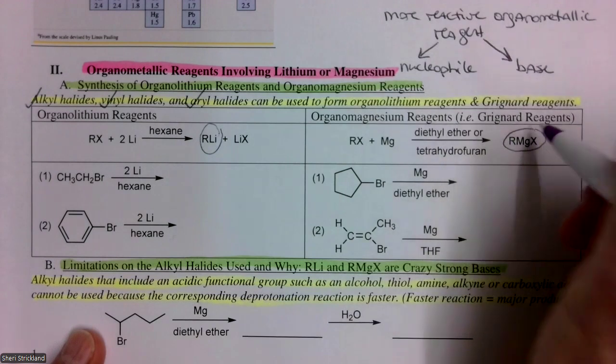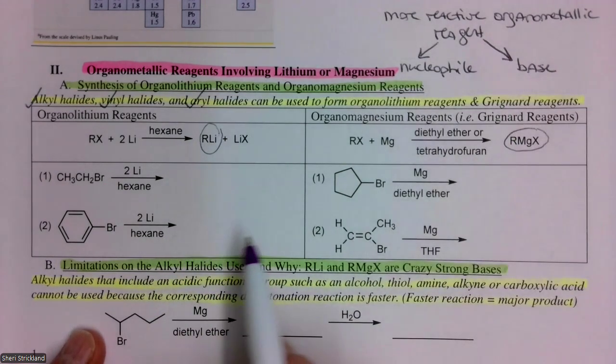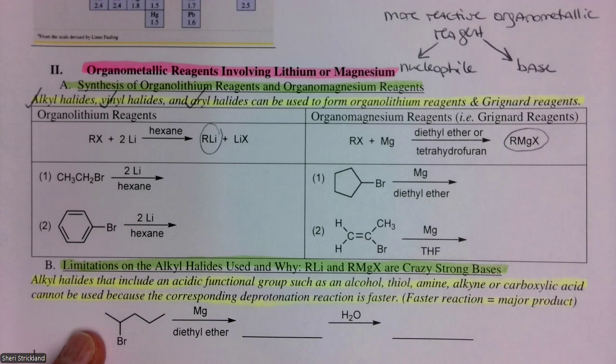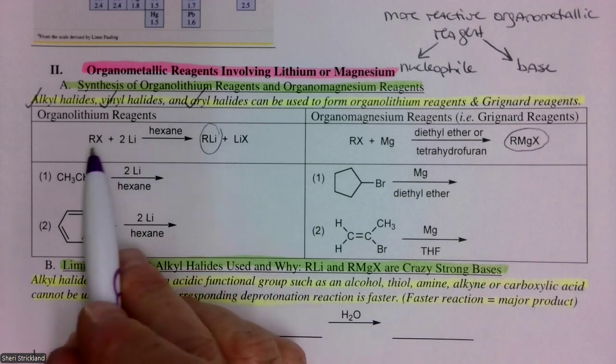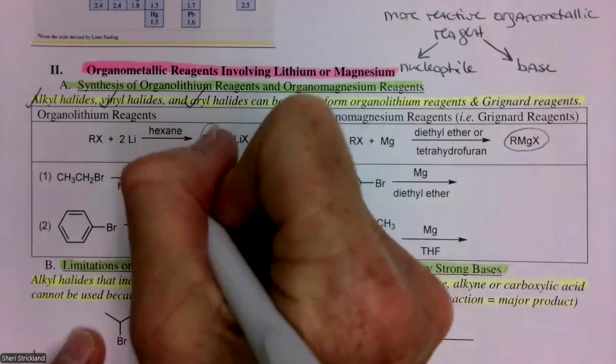All right, so I want you to pause the video and write out the structures of these four products from the general reaction pattern, and then come on back. All right, welcome back. So you can see that with organolithiums, the lithium takes the place of the halogen.